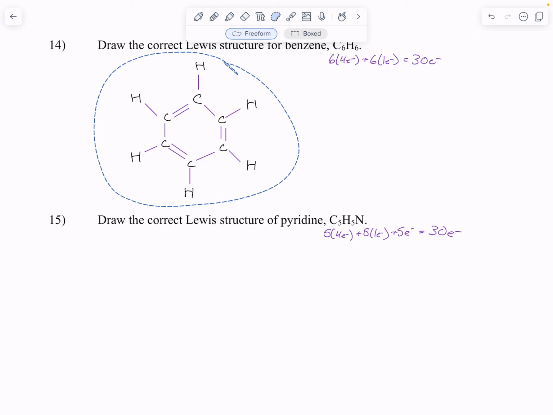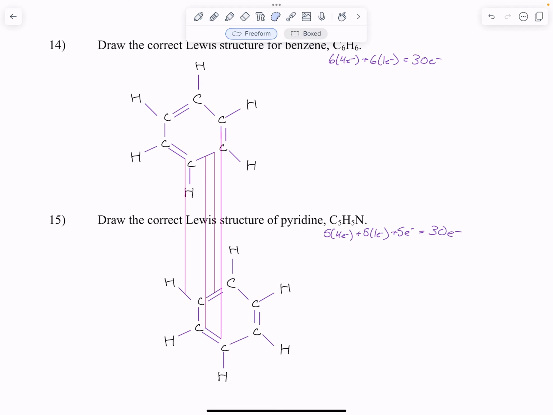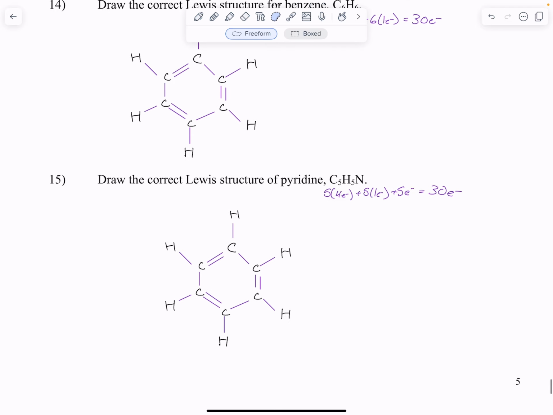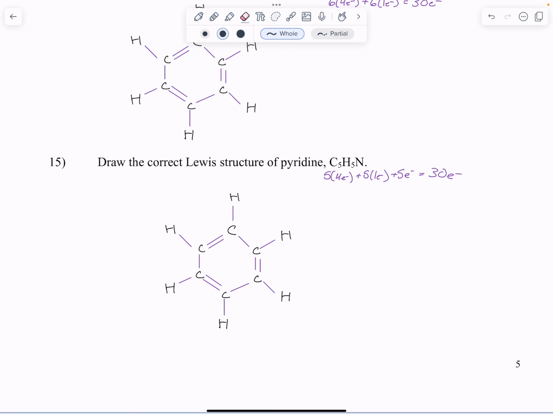If I duplicate this, bring it down, we're just switching out an N, and that N has a lone pair. That's all pyridine is. Same number of electrons, so it's still your 6-membered ring with resonance.